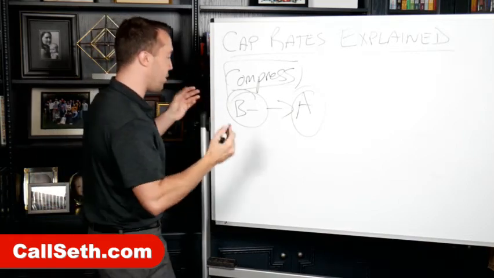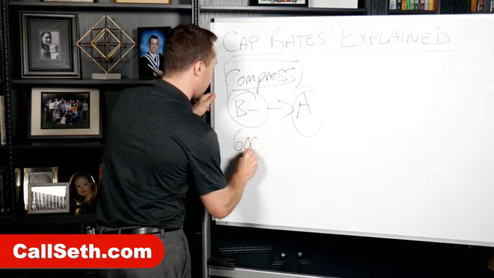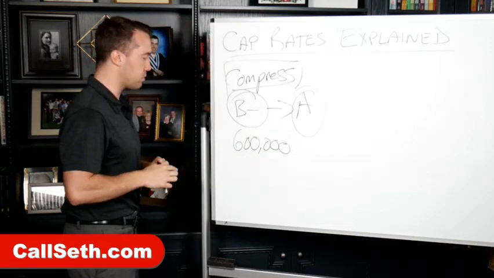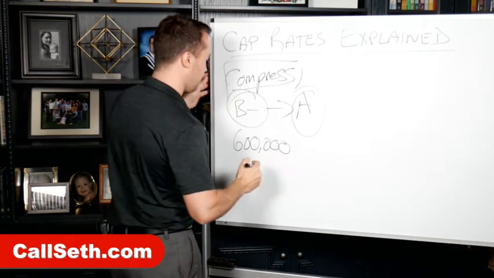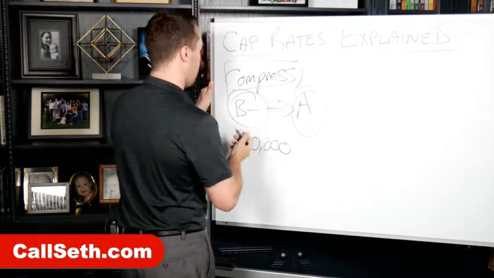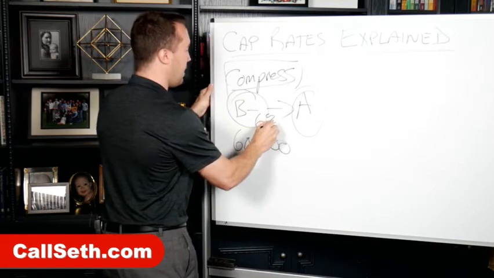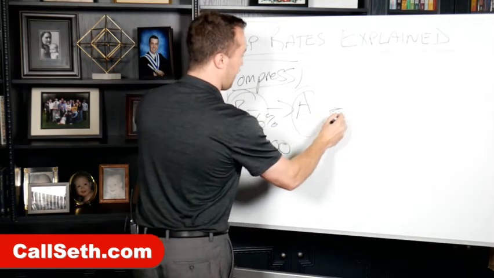So let's say the NOI is $600,000 a year. How we figure this out is we take the $600,000, and let's say for the B-, people are paying a 6% cap rate, and for an A, let's say they're paying 5%.